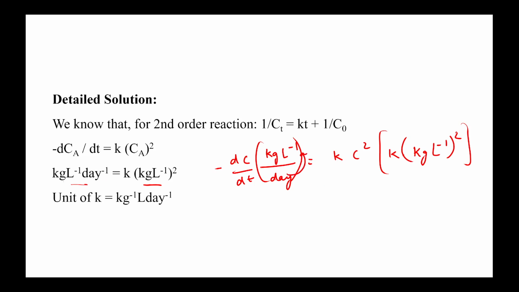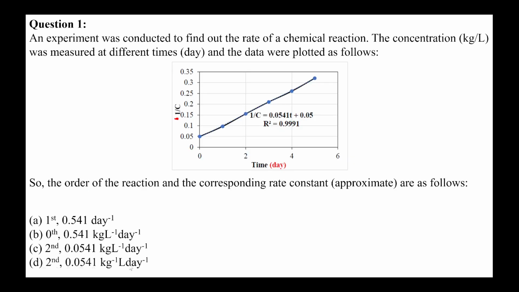So kg per liter per day is equal to K, whose unit we don't know, multiplied by kg per liter whole square. If you solve this, you will get the unit of K as per kg liter per day. If you see the options, option D has that same unit. So option D is the correct answer.